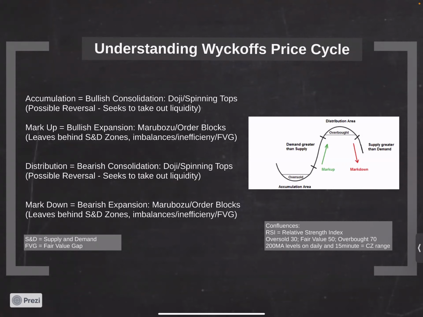Let's say overbought, prices went up into some daily supply, and now it's overbought on the RSI at the 70 mark. When we look at the 1 hour or the 15-minute, we say, okay, what would be the next phase for price to do? Probably continue back to the upside, markup. You see, we don't know.